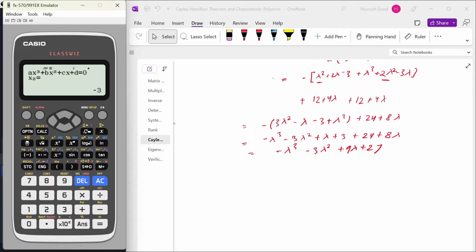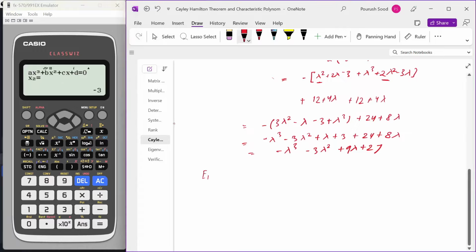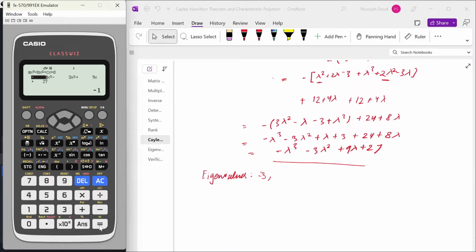And now this is a kind of polynomial that has repeating roots, because we get only two values, so x1 is 3 and x2 is minus 3.